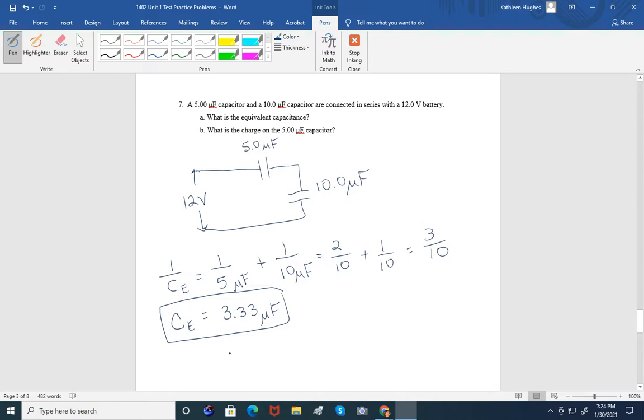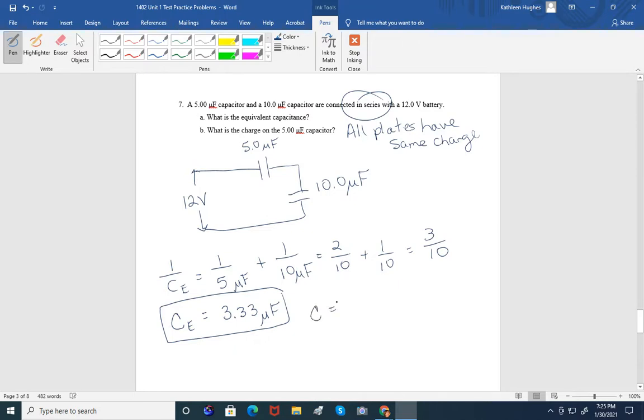And then it says, what is the charge on the 5 microfarad capacitor? Well, what you want to remember is that when you are in series, all plates have the same charge. The simplest way to find it is to use this equivalent capacitance and say, if I had a 12 volt potential difference and a 3.33 microfarad capacitor, what would Q be?